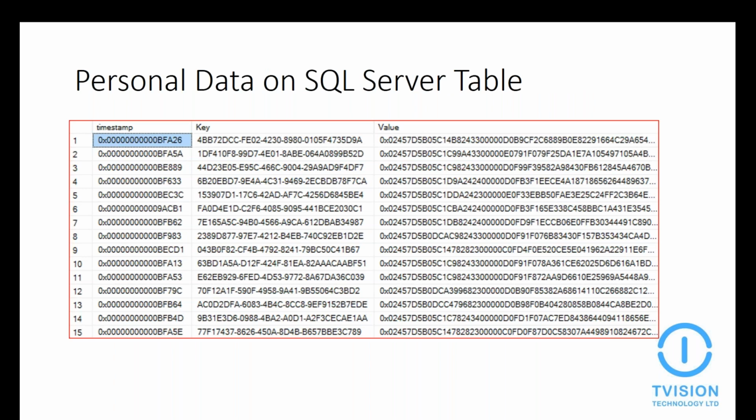As you can see, there is no possibility to identify sensitive personal data of an individual person. On SQL, all the information is related to a specific key that is a kind of token, and the value is encrypted with a NAV encryption key.